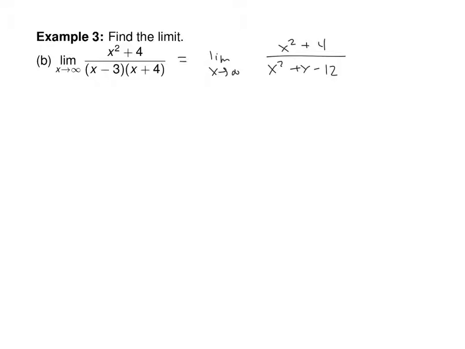Now, in the previous example, we multiplied by 1 over x, because I took our highest power down to being a constant. What do you think you're going to multiply by here? 1 over x squared. Okay, so that's the limit x goes to infinity, 1 plus 4 over x squared over 1 plus 1 over x minus 12 over x squared.